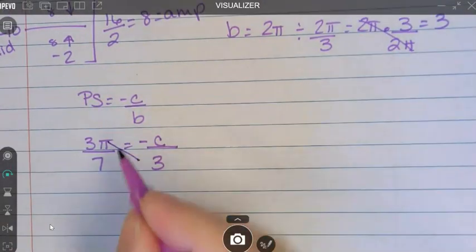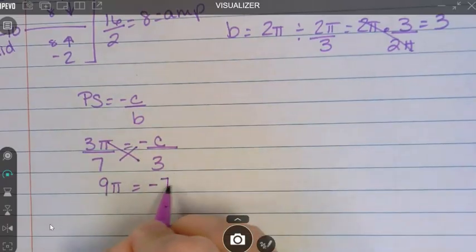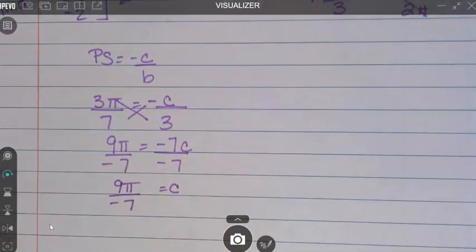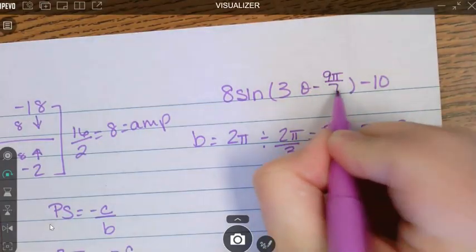Cross multiply. So we get 9 pi equals negative 7c. Divide by negative 7. I can't reduce, so it's just 9 pi over negative 7. And that is it. So c is minus 9 pi over 7.